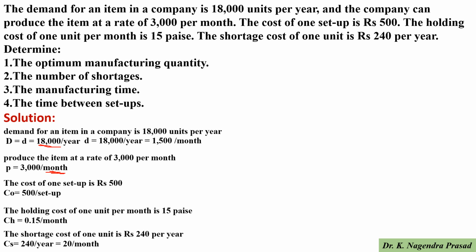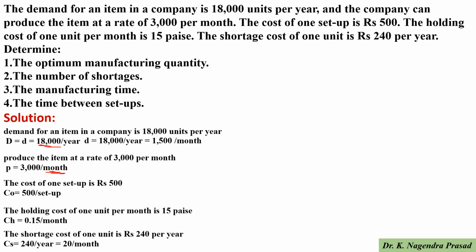Next, also given the shortage cost of 1 unit is 240 rupees per year. Let's consider CS, the shortage cost, which is equal to 240 per year, but we have to convert it to per month, so it becomes 240 divided by 12, which is equal to 20 per month.